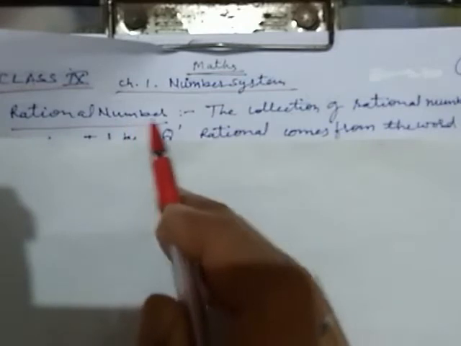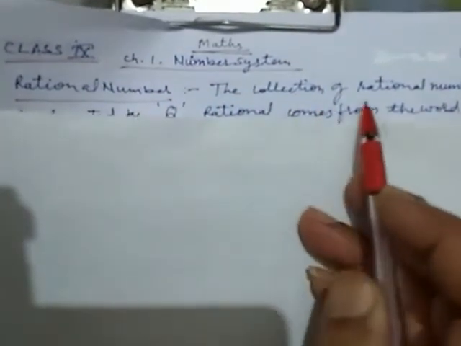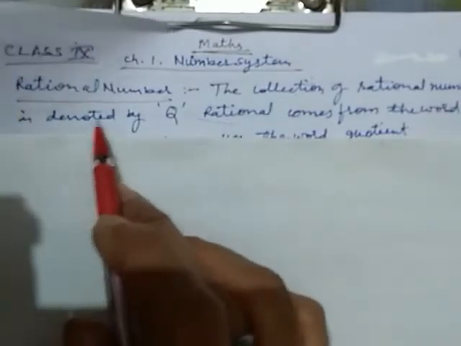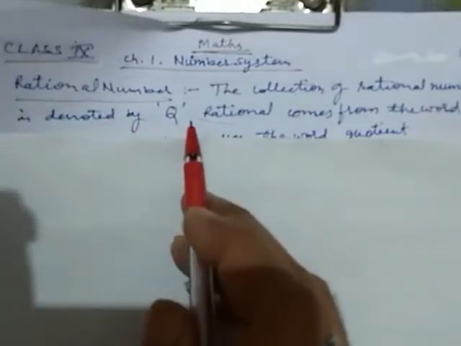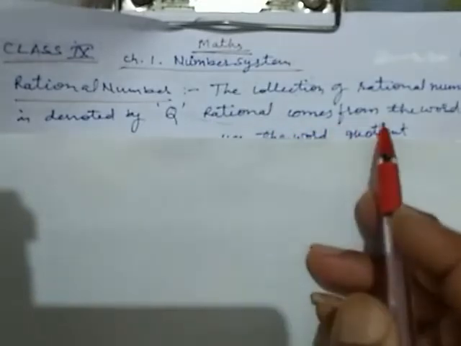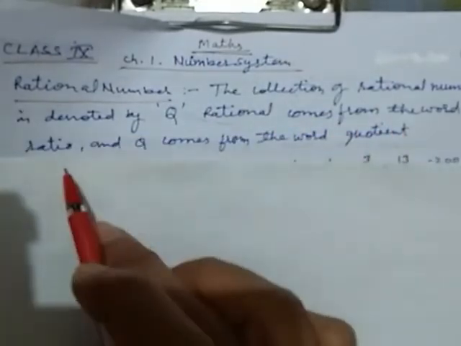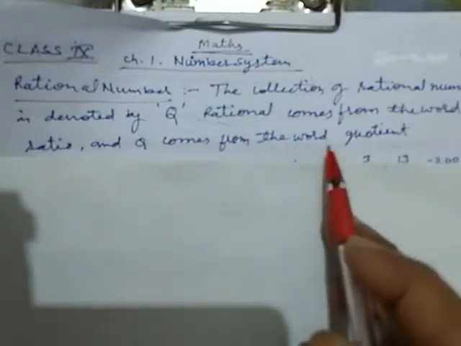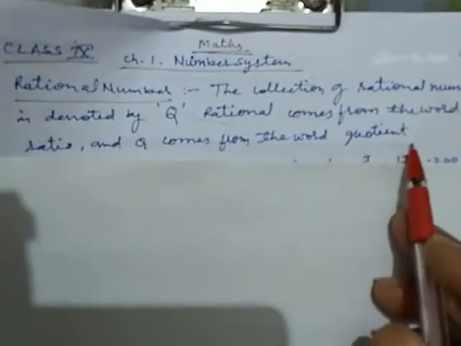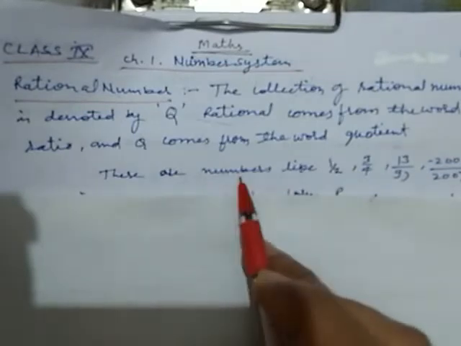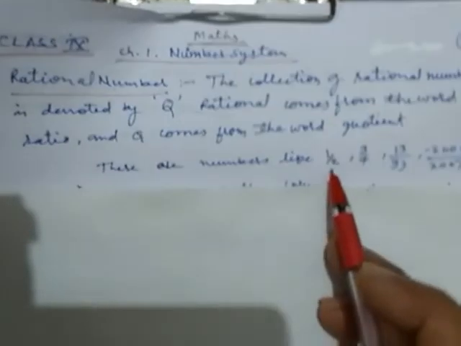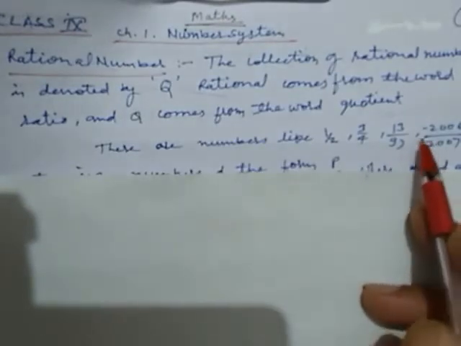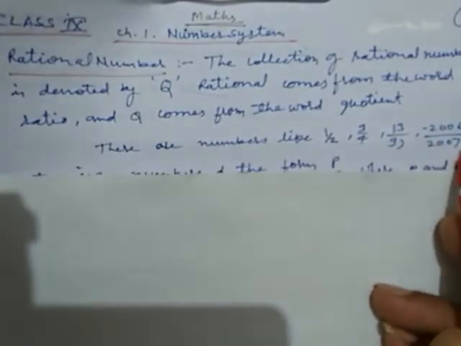Rational numbers. The collection of rational numbers is denoted by Q. Rational comes from the word ratio and Q comes from the word quotient. These are numbers like 1 by 2, 3 by 4, 13 by 97, minus 2006 upon 2007 and so on.